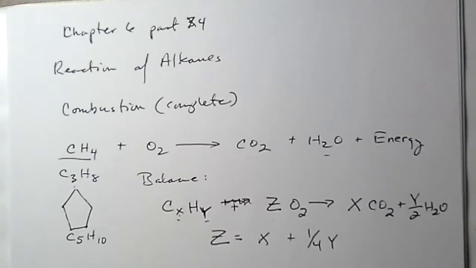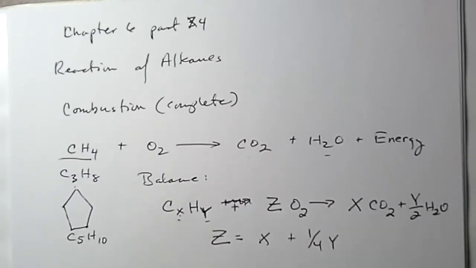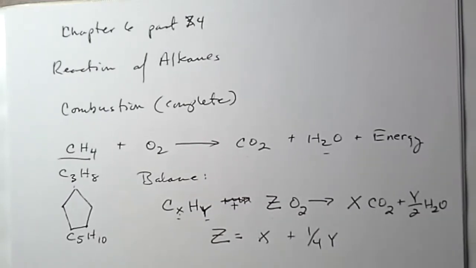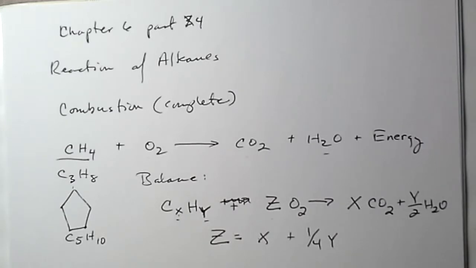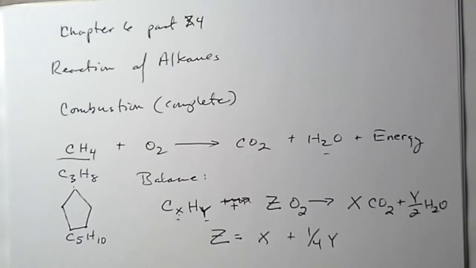Anytime you react an alkane with, let's say, a halogen, that is bromine or chlorine, fluorine, any of the halogens, these are group 7A, you're going to generate a carbon radical.